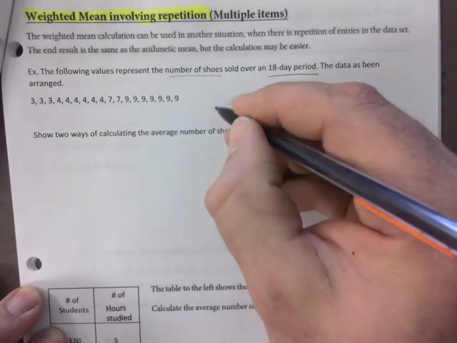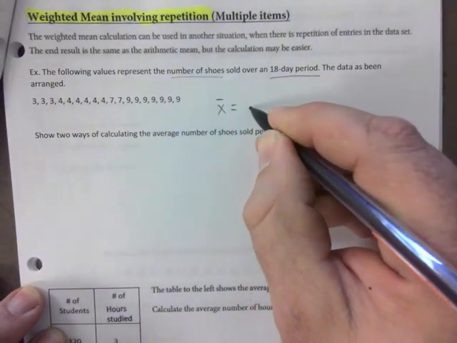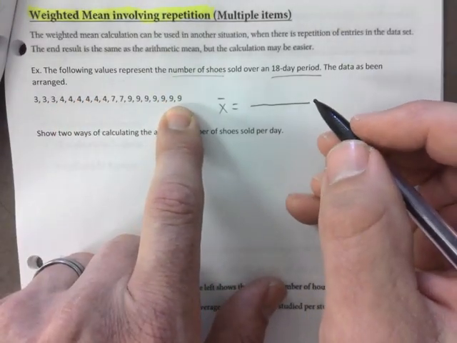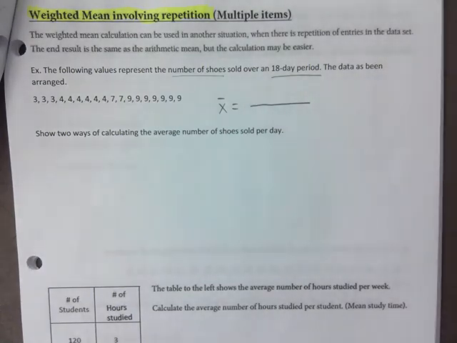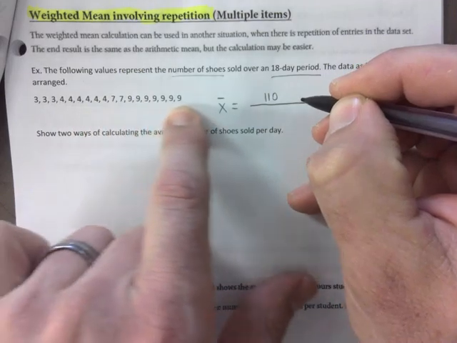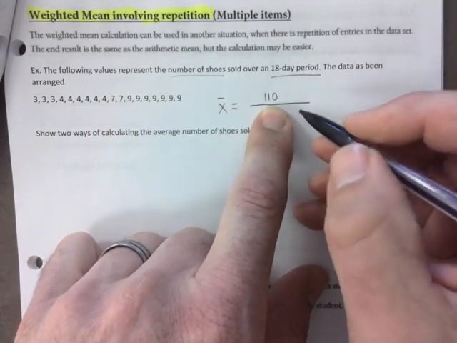To figure out the average, we would normally just add up all of these values, which is very tedious, and you end up with 110.